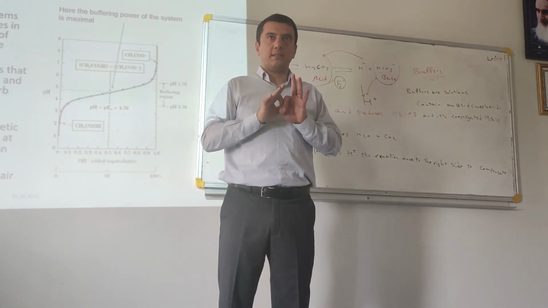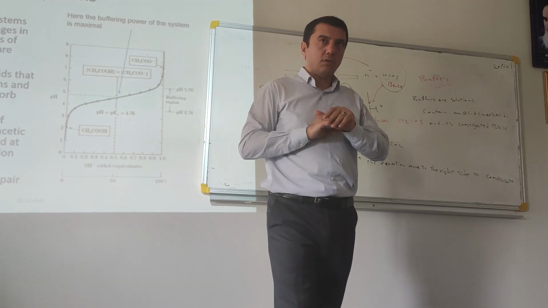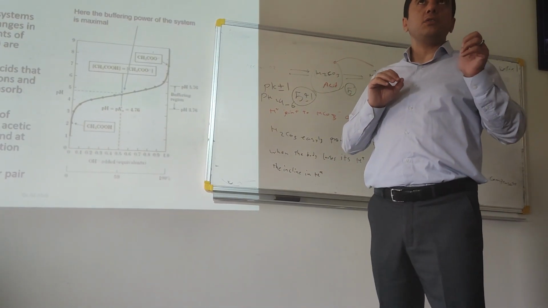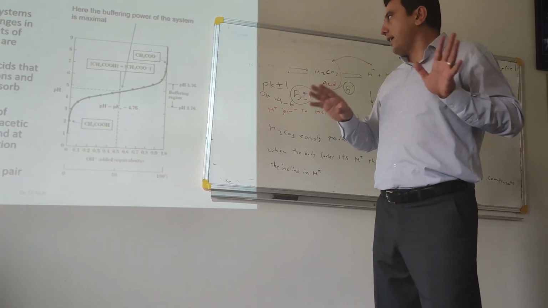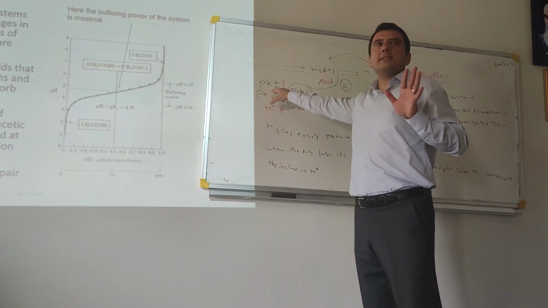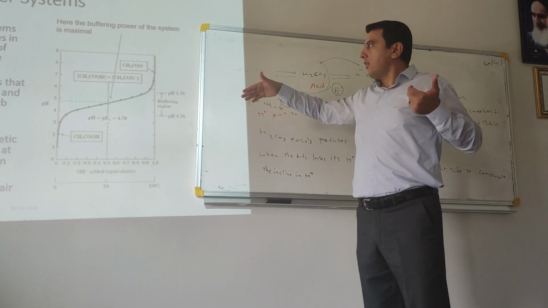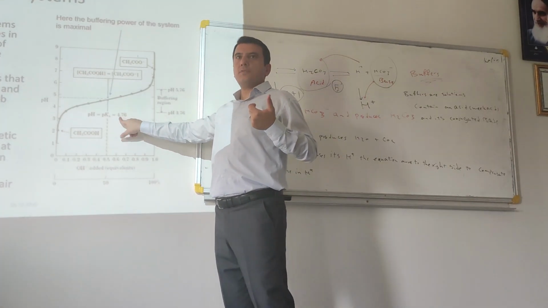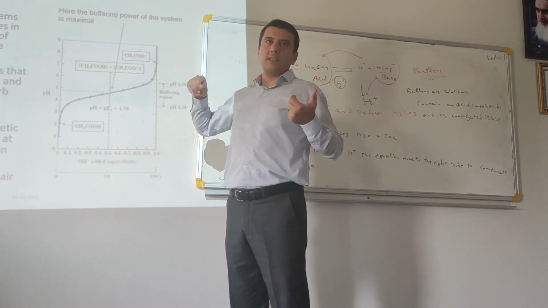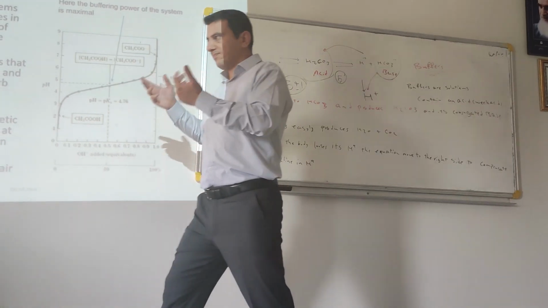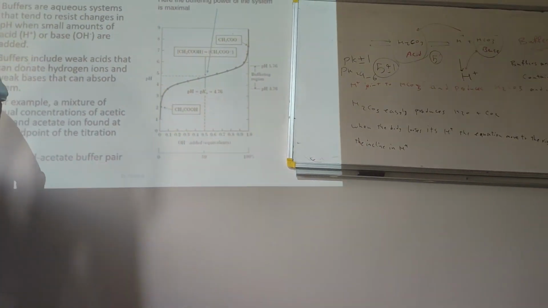That is determined previously, so you should only find what the pK is for the molecule that you need. For example, for this molecule, the pK is 4.76. So this is the buffer region.